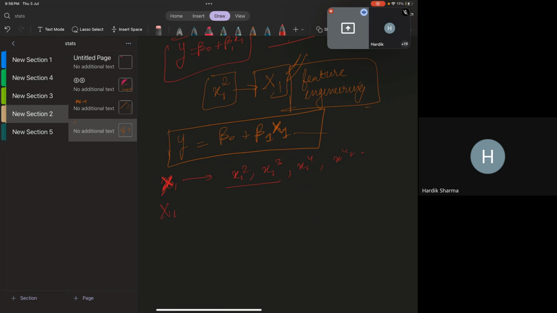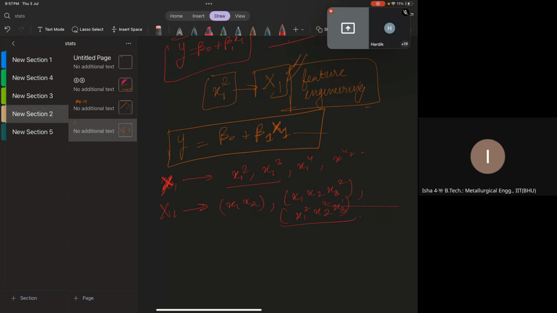Another way is by combining multiple independent variables in any format you want. Clear, everyone?